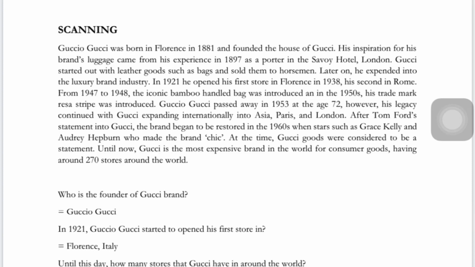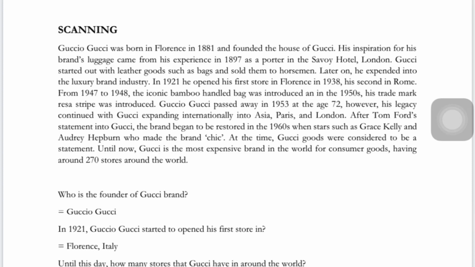However, his legacy continued with Gucci expanding internationally into Asia, Paris, and London. After Tom Ford's statement into Gucci, the brand began to be restored in the 1960s, and when stars such as Grace Kelly and Audrey Hepburn made the brand chic at the time, Gucci goods were considered a statement. Until now, Gucci is the most expensive brand in the world for consumer goods, having around 270 stores around the world.